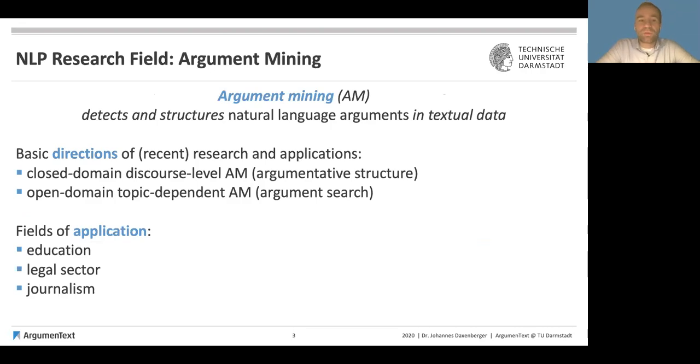The natural language processing research field called argument mining is an increasing discipline that has received quite a lot of attention in the last couple of years. And in that context, argument mining is typically defined as detecting and structuring natural language arguments in textual data.